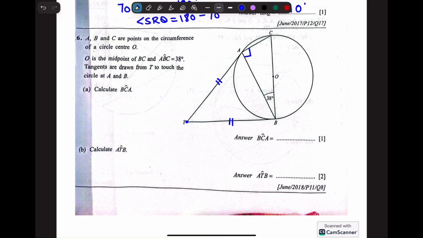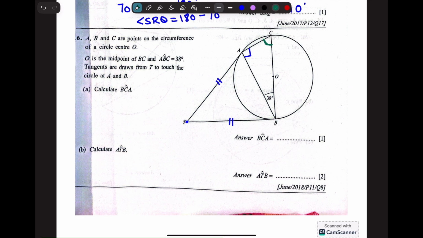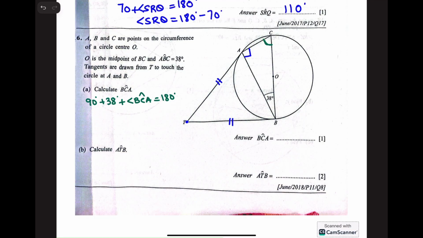Calculate BCA. Okay, so this angle. This is pretty simple because if we focus on triangle ACB, we know that this is 38 and this is 90. We can calculate angle BCA. So 90 plus 38 plus angle BCA should give us 180 because the sum of interior angles of a triangle is 180, right?